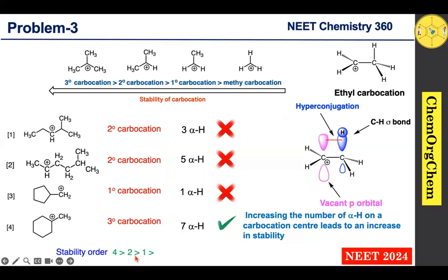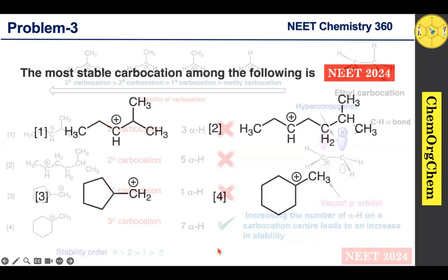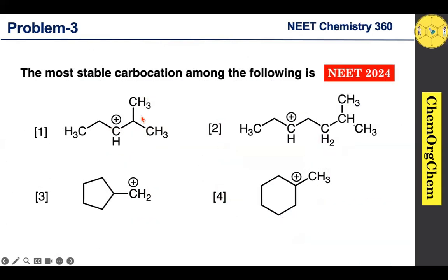Now you write down the stability order. The second option is more stable when compared to the first option. The least stable carbocation is option 3. So based on our discussion, among the four options, the correct option for this question is option 4.